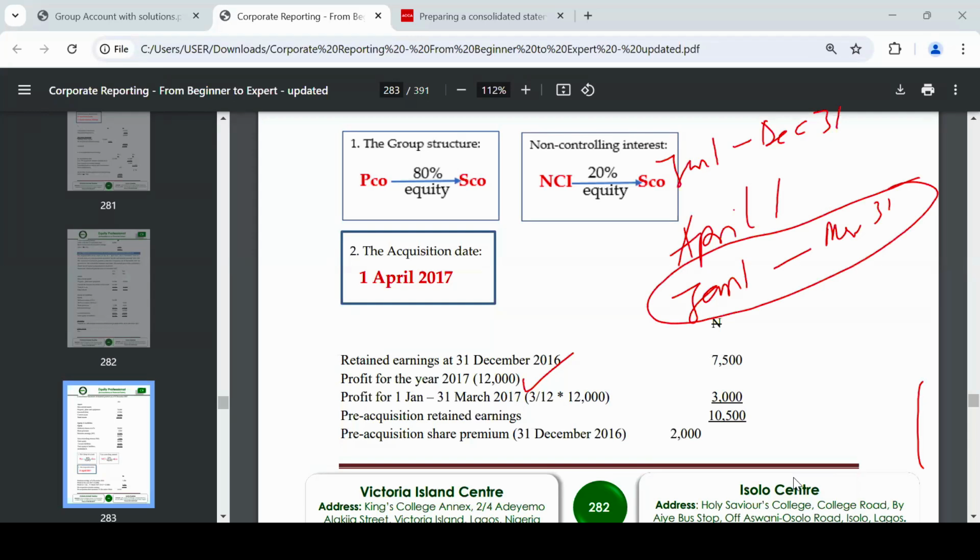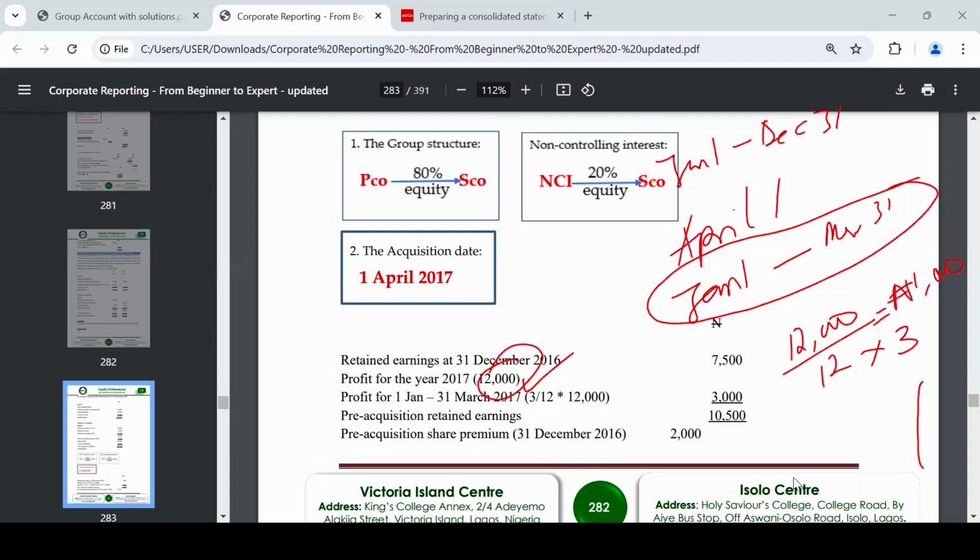Now, if the examiner is quiet on how you are going to share, you just assume that this 12,000 was evenly made throughout the year. And what that means is that, because there are 12 months in a year, we must have realized 1,000 naira profit per month.